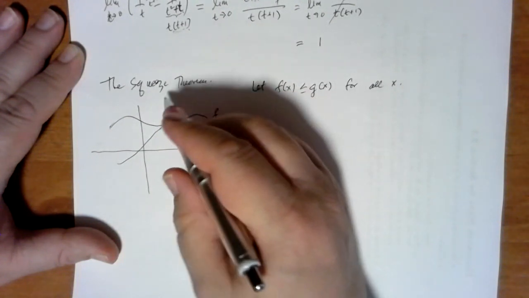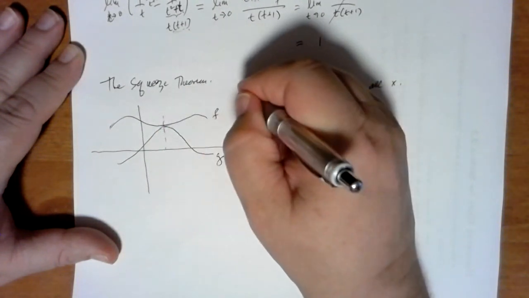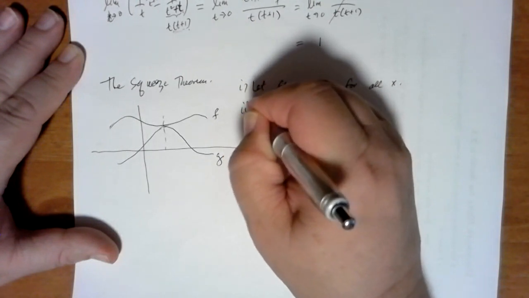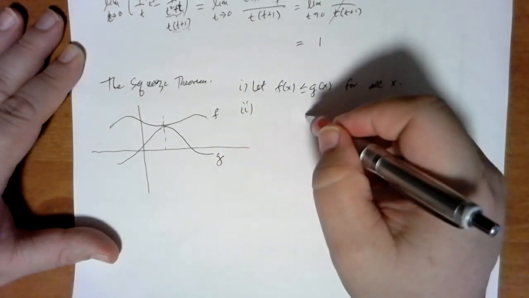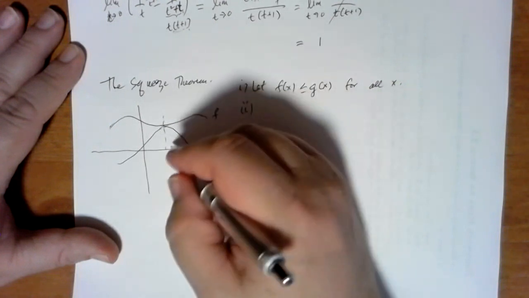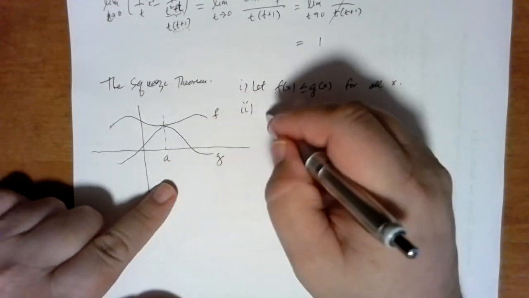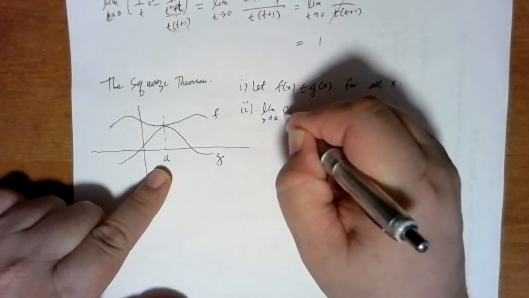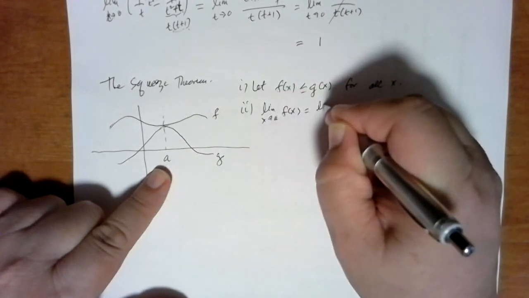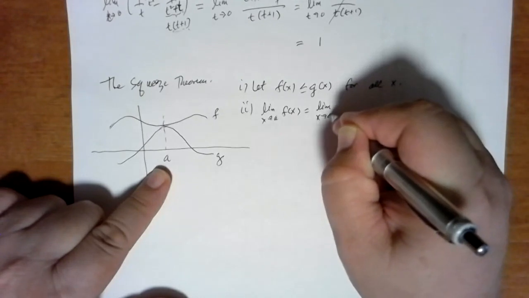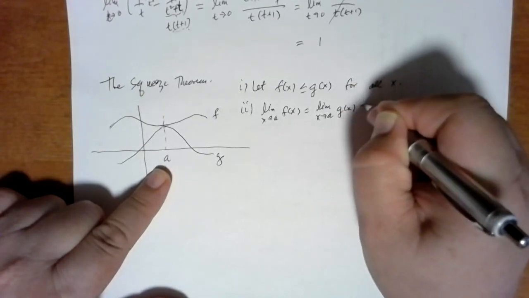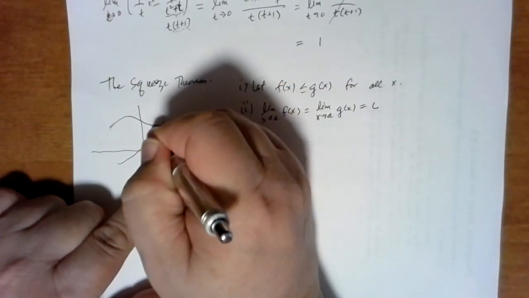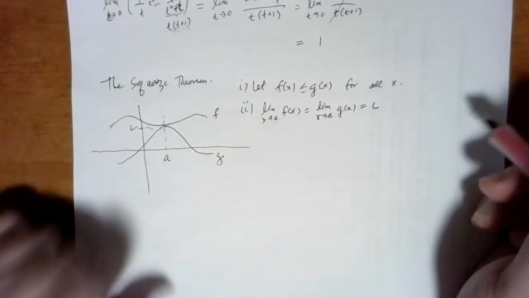And I'm doing this because the second condition is, okay, I can write it like this. It's a little bit different, but I'm going to take that the limit as x approaches a of f of x is equal to the limit as x approaches a of g of x is equal to L. And so L is the y value over here. Good.